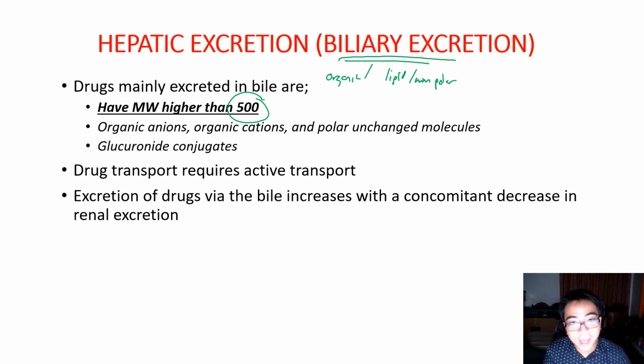Right? So, organic anions, ayun, kita nyo, puro organic. And polar unchanged molecules or glucuronide conjugates. So, drug transport requires active transport, and the excretion of drugs via the bile, okay, increases with a concomitant decrease in renal excretion. So, pag hindi na kaya, class, ng kidneys, tumutulong na yung liver.